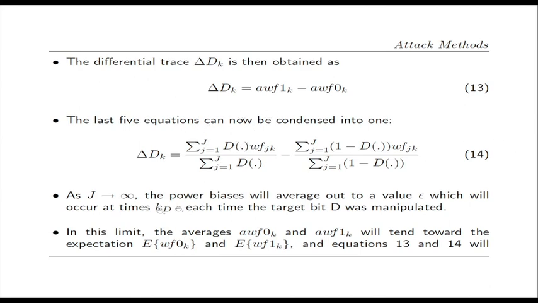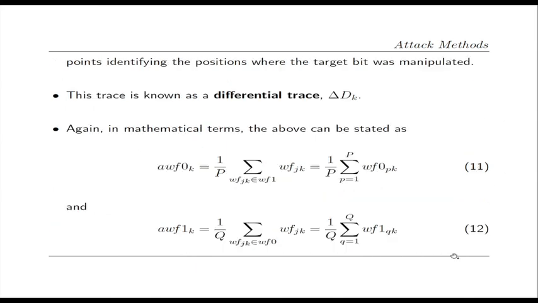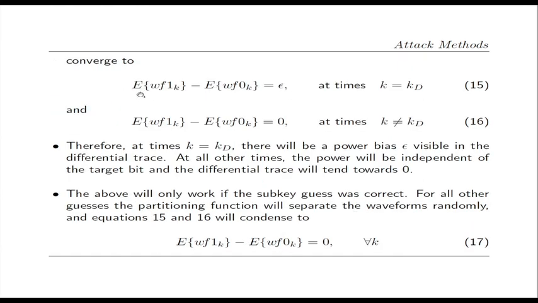If we combine and write the expression, it will be in this form. As j tends to infinity, the power bias will average out to the value epsilon times dk, each time the target bit d was manipulated. In this limit, the average on Af0 and the average on Af1 will tend towards the expected values of Wf0 and Wf1, and equations 13 and 14 will converge to epsilon and 0.